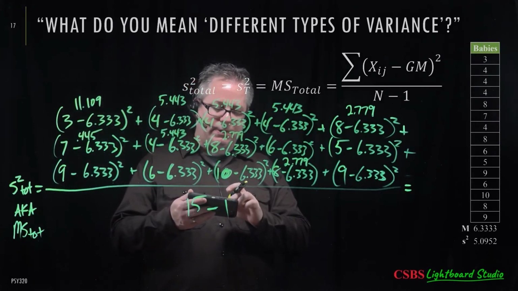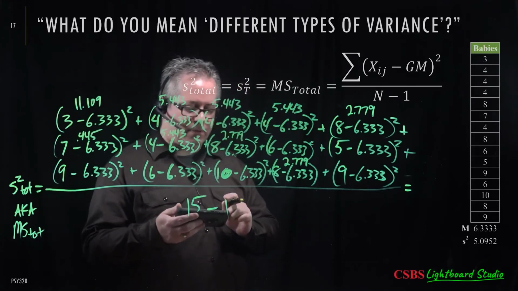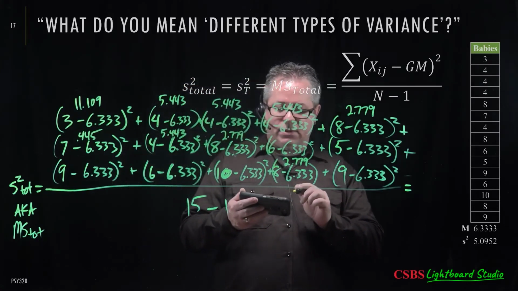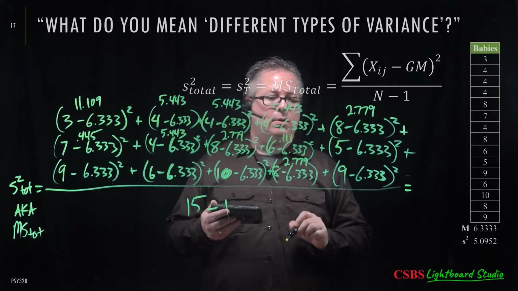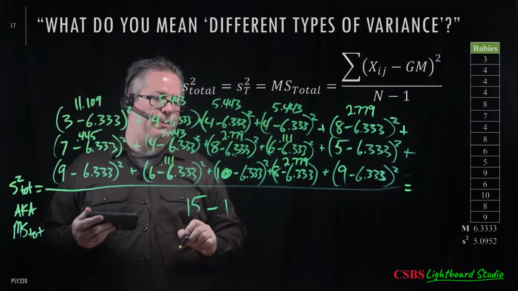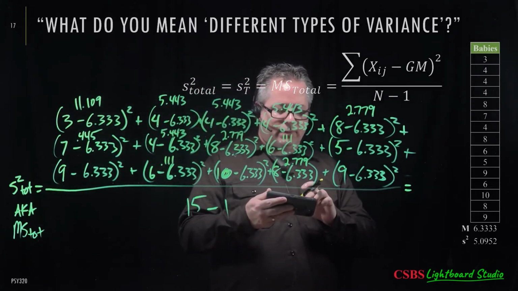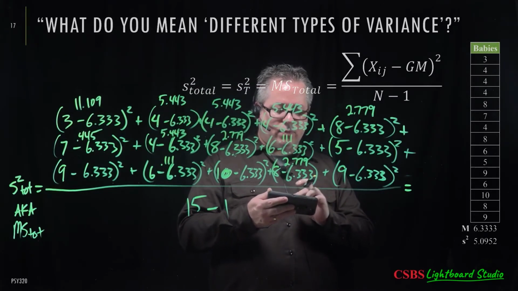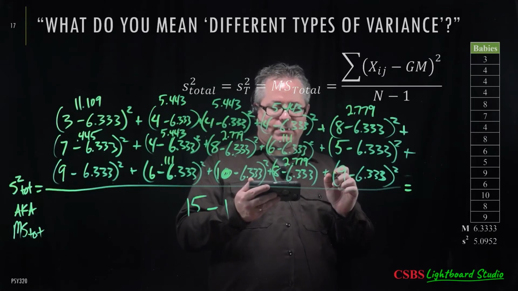So 6 minus 6.333 is negative 0.333, squared is 0.111, and this is also 0.111. Alright, we got 5 minus 6.333 equals negative 1.333, squared is 1.777.